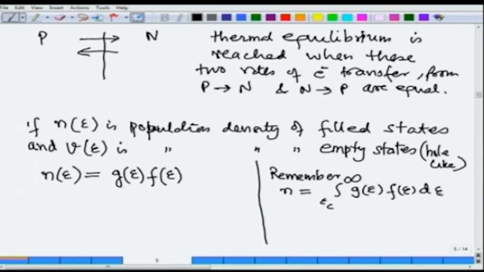This is what we had integrated to calculate n when you are calculating equilibrium carrier statistics.